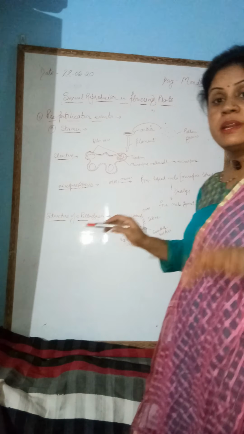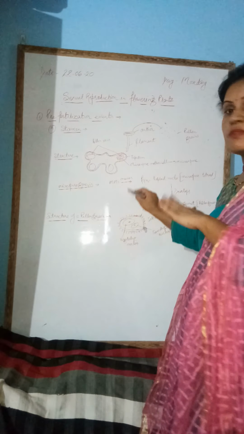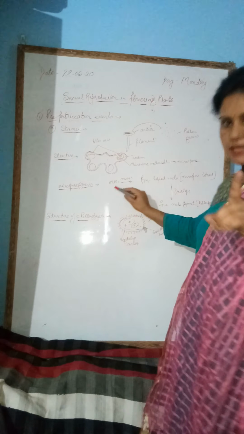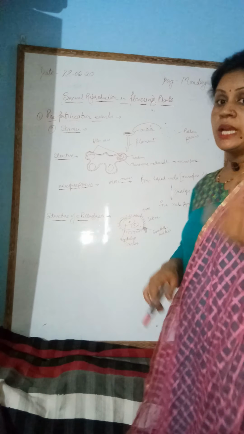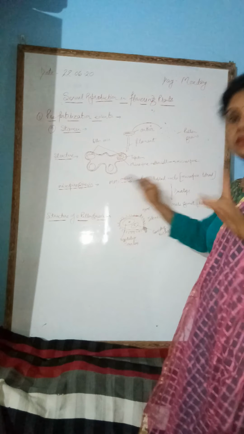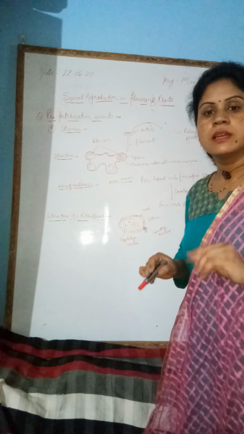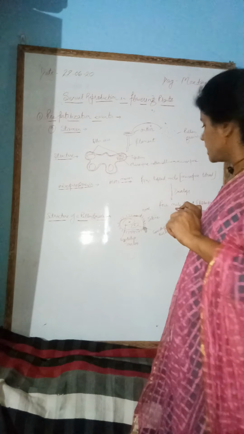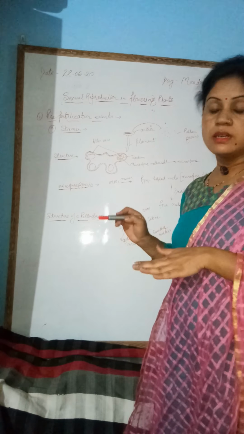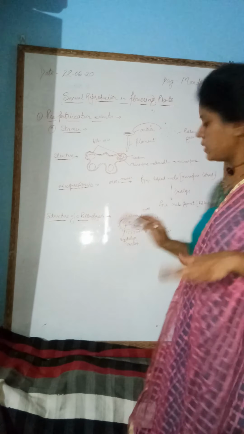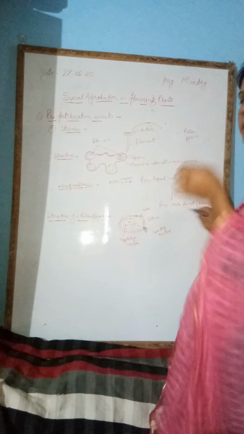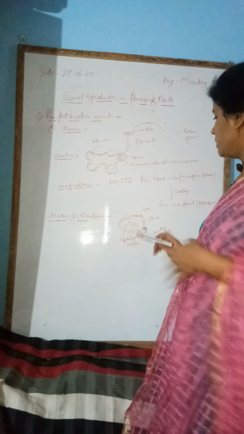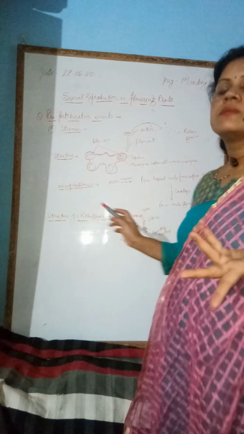The microspore mother cell is diploid in nature, and after meiosis division the products are haploid in nature, because after meiosis the number of chromosomes is halved in the products. So four male gametes are produced, which are haploid in nature. These male gametes are the pollen grains.